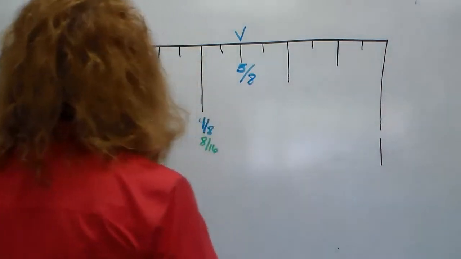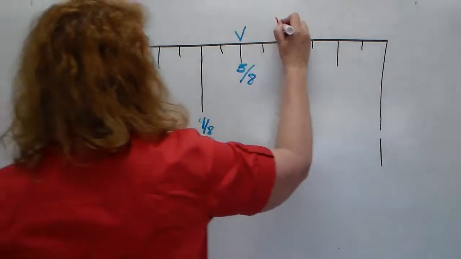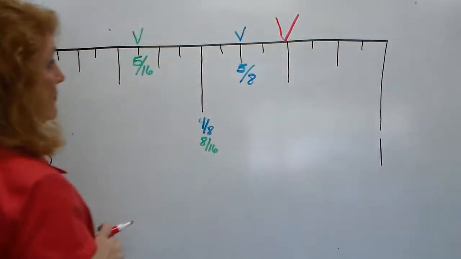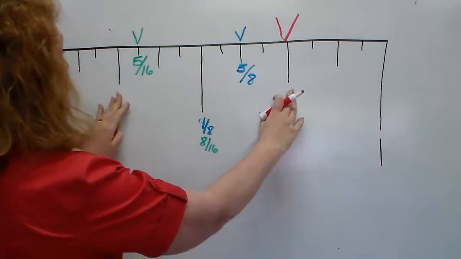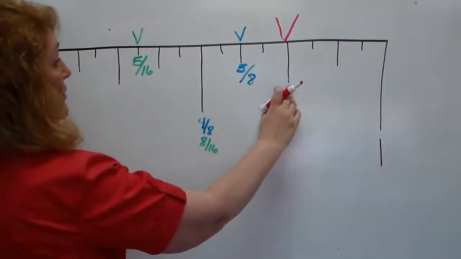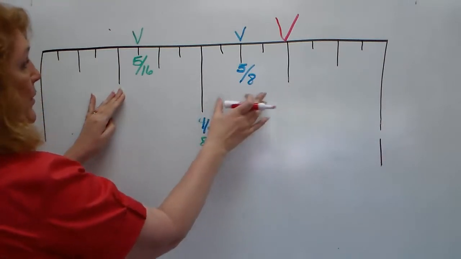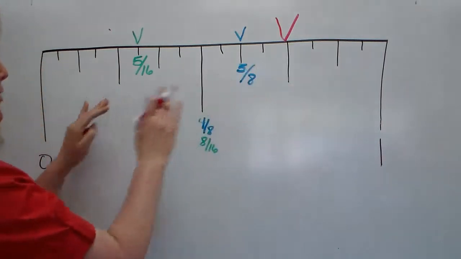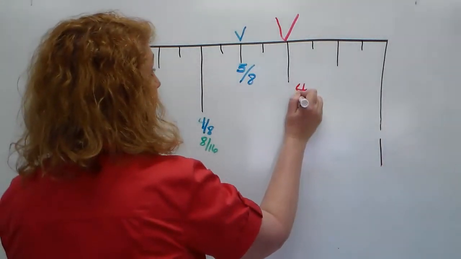What about this line? Well, now this is one of the bigger lines. So I know that there's one here, and then there's this big one. So this is fourths. 1, 2, 3, 4. This is fourths.